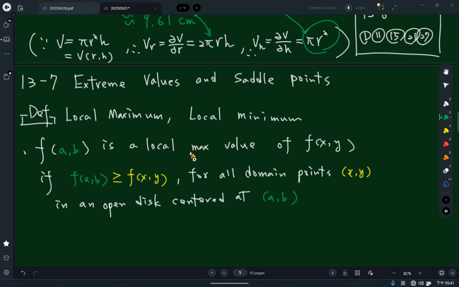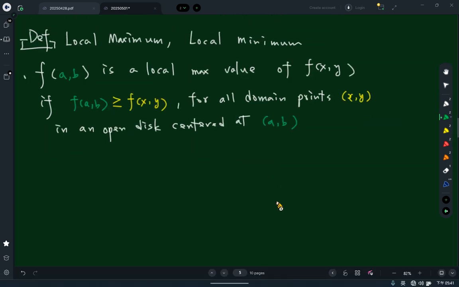So actually, the concept is quite similar to the single variable function. The whole idea is just like this one. Or maybe I just write down the two extreme value definitions first, then I can draw a picture for you.